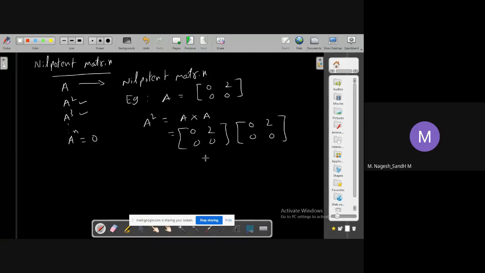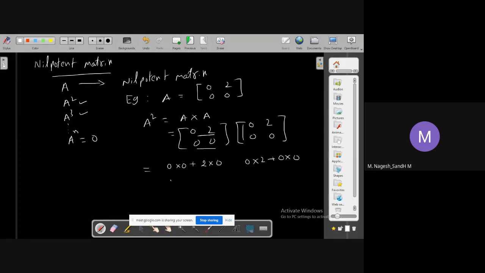If anybody doesn't know matrix multiplication, no worry, you can learn from here. It is row into column. First row into first column: 0 into 0 plus 2 into 0. Next, first row into second column: 0 into 2 plus 0 into 0. Next, second row into first column: 0 into 0 plus 0 into 0. Second row into second column: 0 into 2 plus 0 into 0.